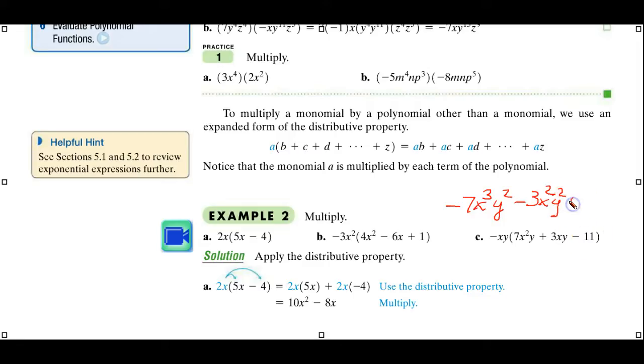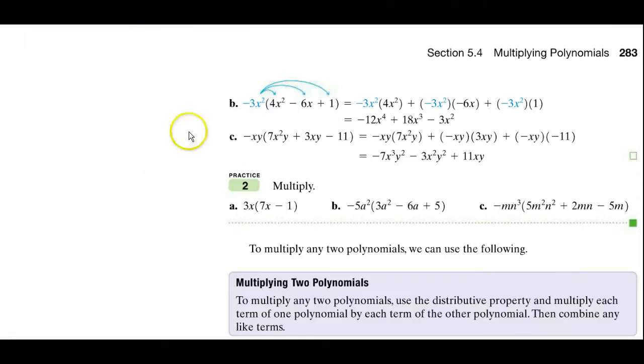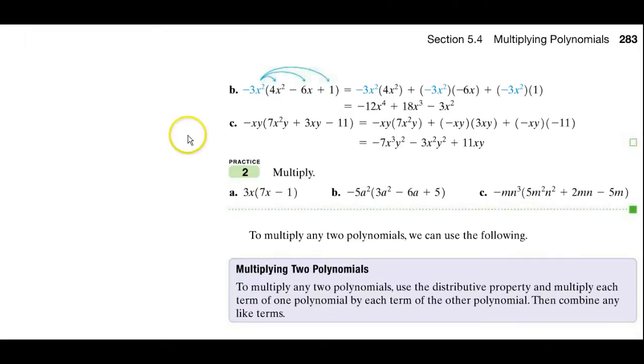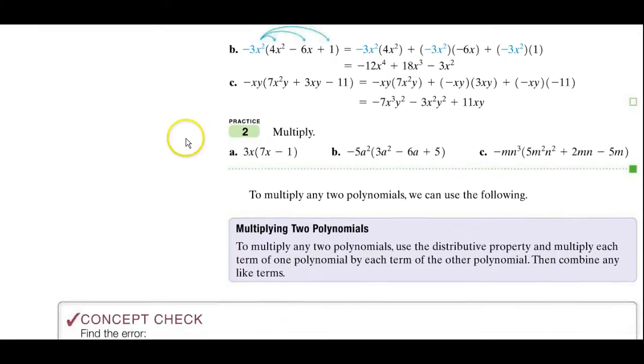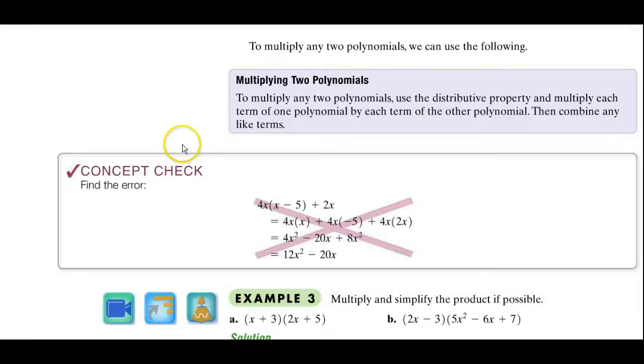That's going to give us a positive 11. And then we just put in our xy here. And it never hurts to go back and check again, especially when you're taking a test. And the textbook again shows us the process in great detail.